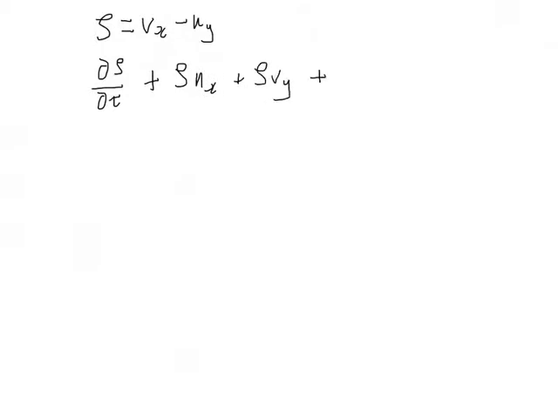So this step is exactly as it is in the notes. If we have zeta equal to vx minus uy, then subtracting the first equation from the second after applying these partial derivatives leads to this: the partial of zeta with respect to t, plus zeta times ux plus zeta times vy plus u times d zeta by dx, plus v times d zeta by dy.